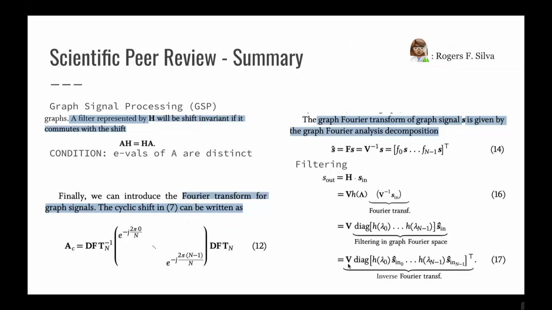Then you can recover the signal back. Basically what this is saying is you can imagine that this is filtering. Filtering is like moving your signal to the frequency space. And here it's a frequency defined by graphs. Filtering in that space by matrix multiplication, and then transforming it back to the original domain of the data.